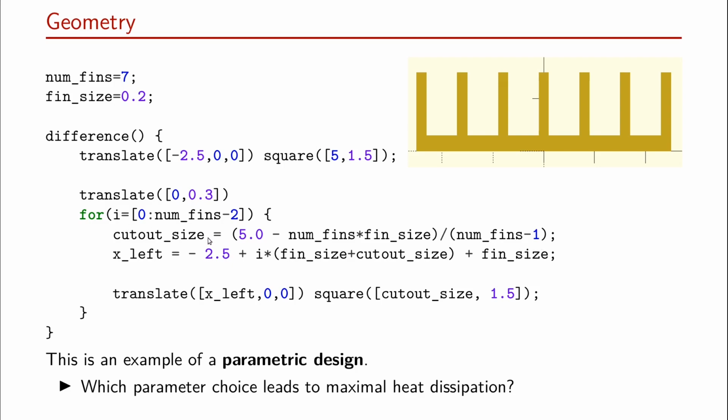So this is the size of the cutout, and then we have to compute where the cutout actually starts on the left. We have to start at minus 2.5, so this is the left endpoint of our computational domain, and then we advance this by the fin size, so the first cutout starts at the fin size, and then every subsequent cutout will be translated both by the cutout size and by the fin size, and then we make the next cutout.